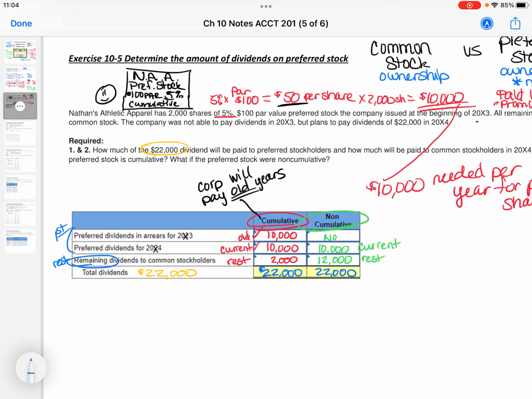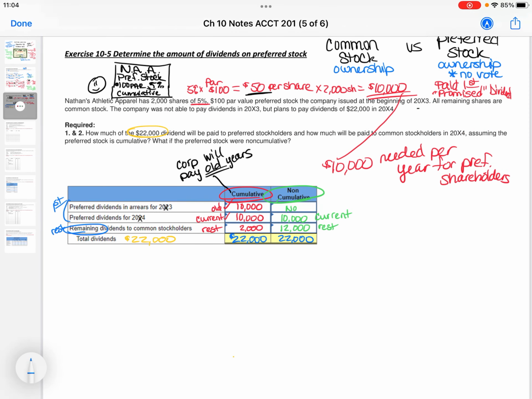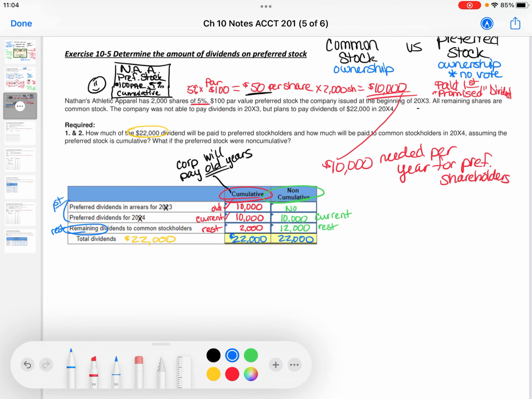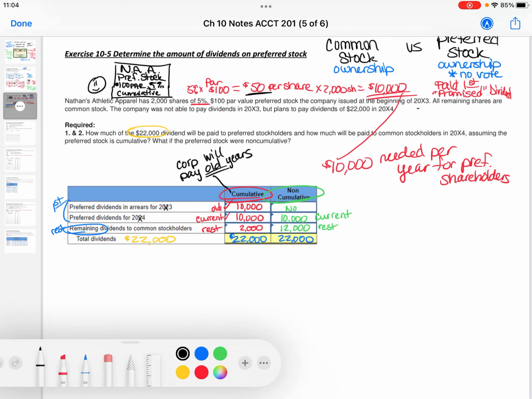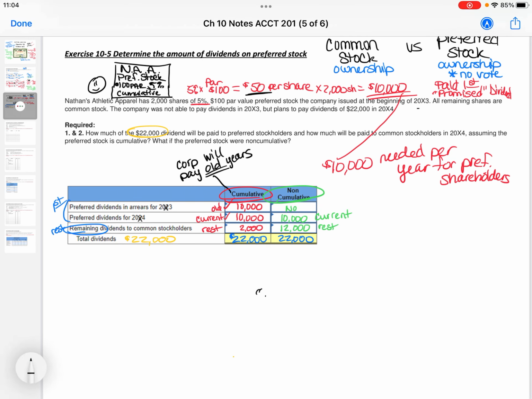I love that. Now, one thing that's not given in this problem, I just want to mention it. If you ever see a preferred share of stock that says participating, there's lots of fine print on these shares of stock, right? If you see the word participating, you know what that means?